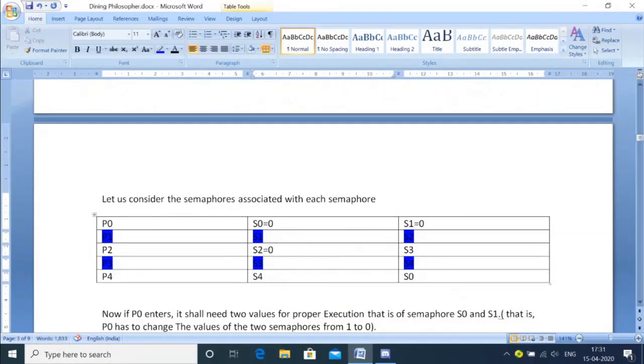Similarly, it needs fork F3, and for fork F3 we have semaphore S3 attached, so its value has to be changed from 1 to 0. The moment we do this, forks F2 and F3 are available for P2. Then P3 will not be able to execute. Why? Because S3 is common, and S3 we have already given. So what will happen in this case?